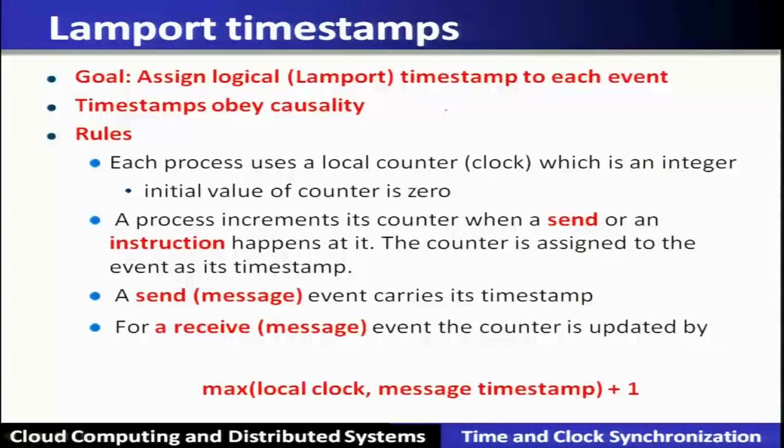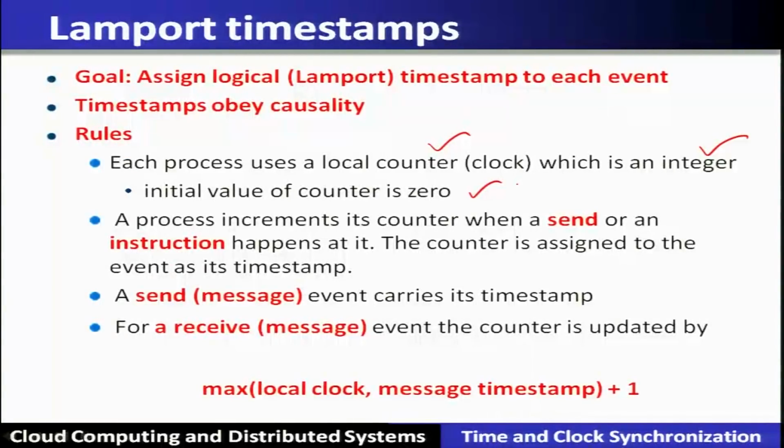Now, the implementation of these time stamps to each event, so that we assign a logical time stamp without a physical clock which will obey causality. Let us see the implementation using a logical clock which follows two different rules. The first rule says that each process uses a local counter, which is called a logical clock, which is nothing but an integer initialized to 0.